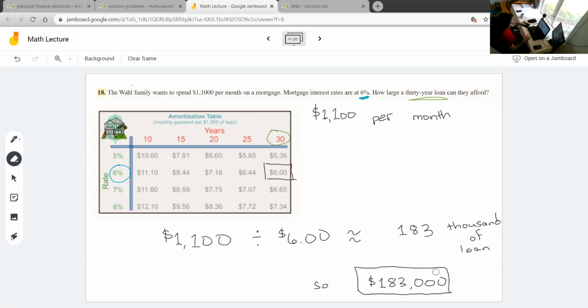If I wanted to be very nice, maybe I'll even label this answer with more than a dollar sign. It's important to notice that I am adding these zeros not because I am multiplying by 1,000 anywhere. It's just that the table is per 1,000 of loan, so I'm actually counting thousands at a time.